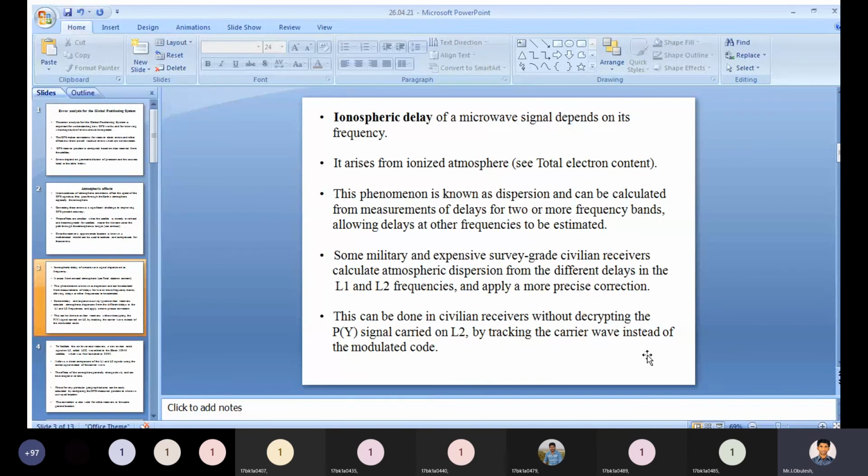I think you know it, the microwave signal will have a frequency around or above 1 gigahertz. Nowadays most of the signals have frequencies above 1 gigahertz, especially microwave signals.